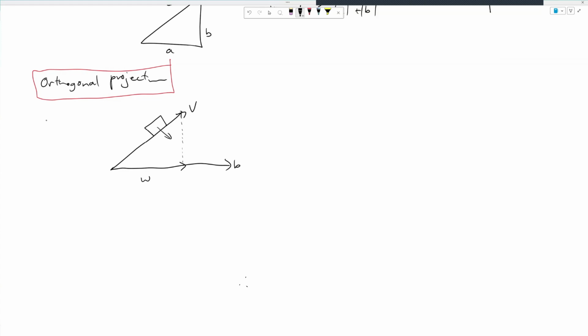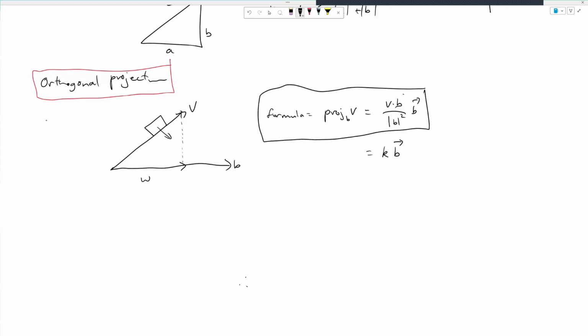So the formula, normally I'd like to derive it, but I'll start off with the formula: the projection of V onto B is equal to V dot B over the length of B squared, times the vector B. Another way you can think of it is that because W lies on the vector B, you can also just call it some constant times B. But in the next step, we are going to try and prove this formula.